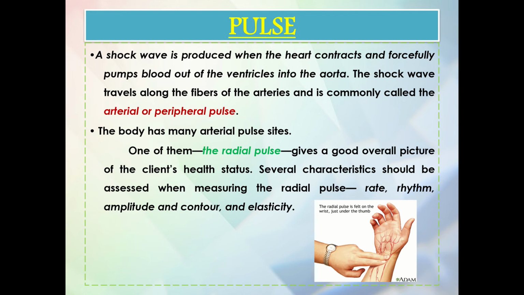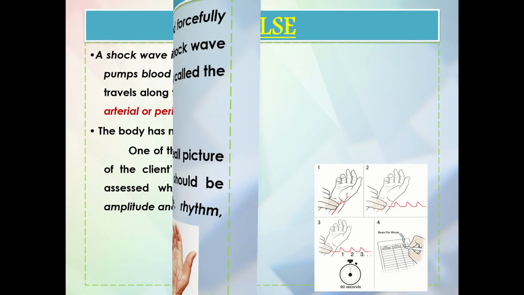Several characteristics should be assessed when measuring the radial pulse, and this includes the rate, rhythm, amplitude, and contour, and elasticity. So this is the radial pulse. This is how we take the pulse rate or PR of the patient using the radial pulse.